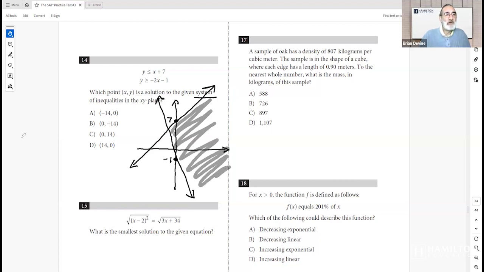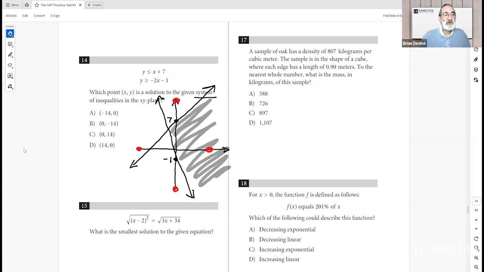If I now look at the 4 points that are given, I can see that negative 14, 0 would be way over here. And 0, negative 14 would be way down here. And 0, 14 would be way up here. And 14, 0 would definitely be in the shade. And so D would be my best answer choice.